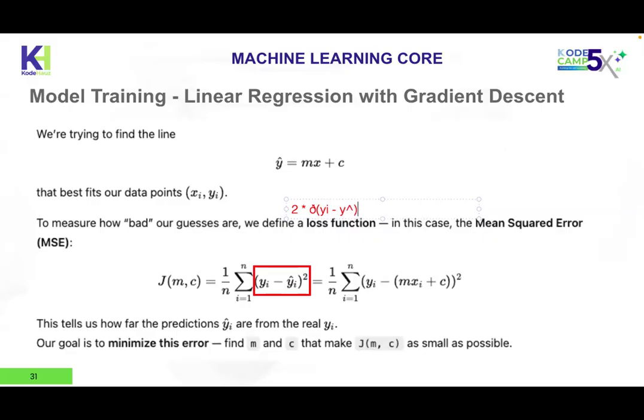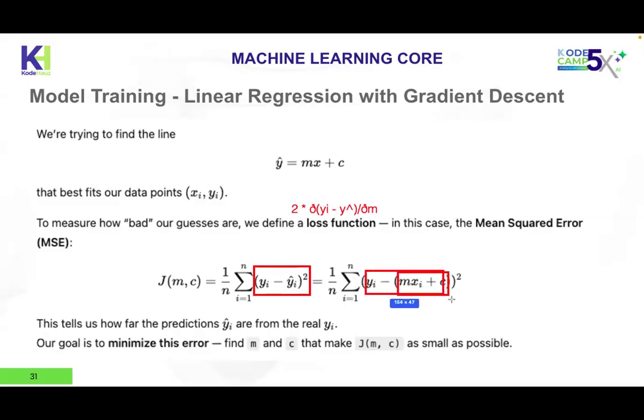But you also need to do this del y hat, with respect to whatever parameter it is that you are doing, right? Let's say it's m. So the del yi minus y hat del m is now you doing the derivative of this inner one.